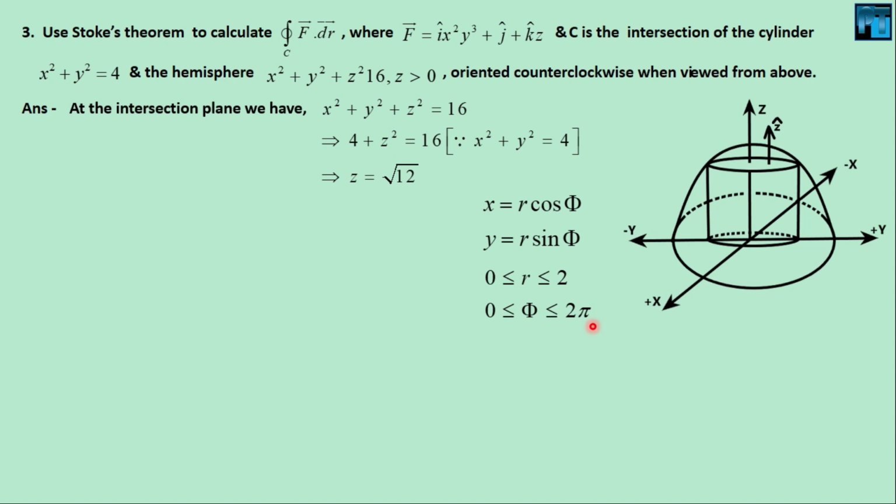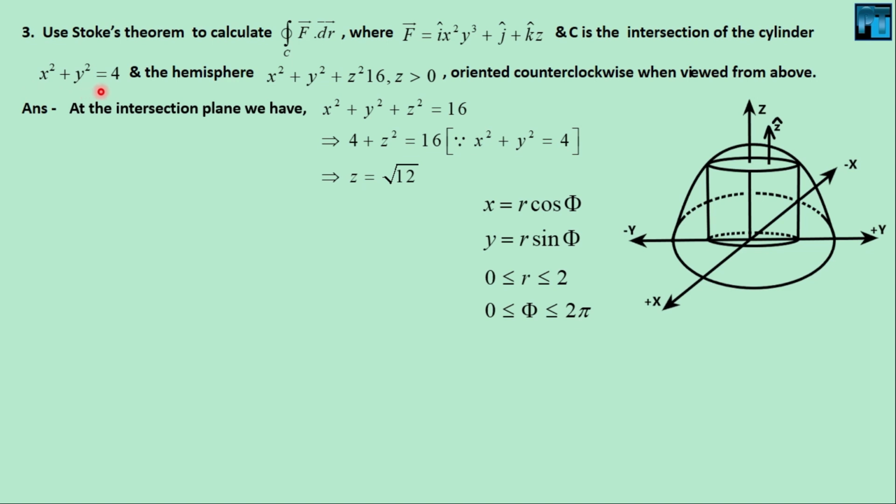Now you can ask me, why phi? Why not theta? Since the intersection is of first a cylinder with a hemisphere, I have used phi to signify the cylindrical format.